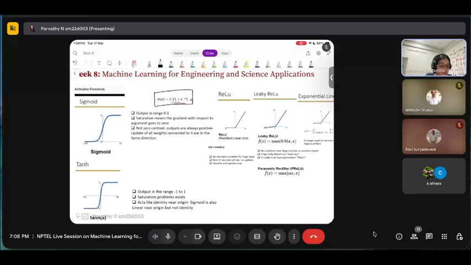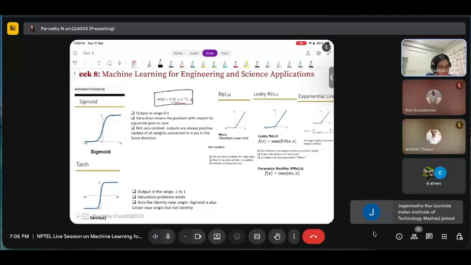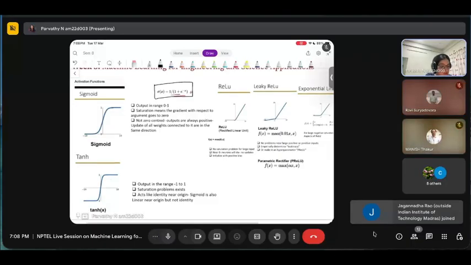For large positive value, the output is 1, and for large negative, the output is 0. So when the input to the sigmoid function is a very large positive or very large negative value, it will saturate at either 1 or 0. Then the gradients with respect to this argument will become 0.